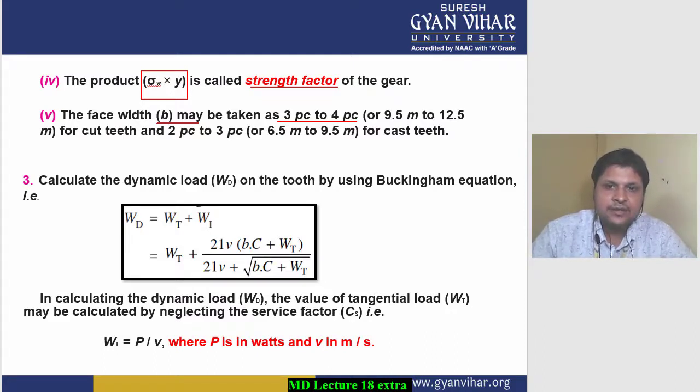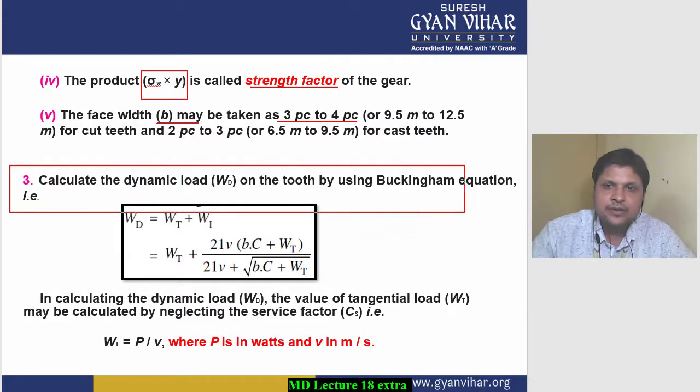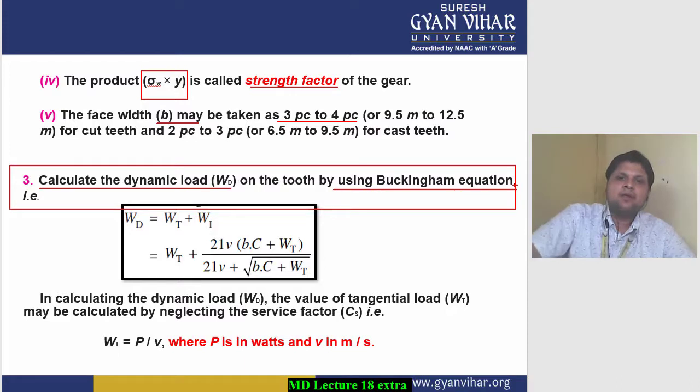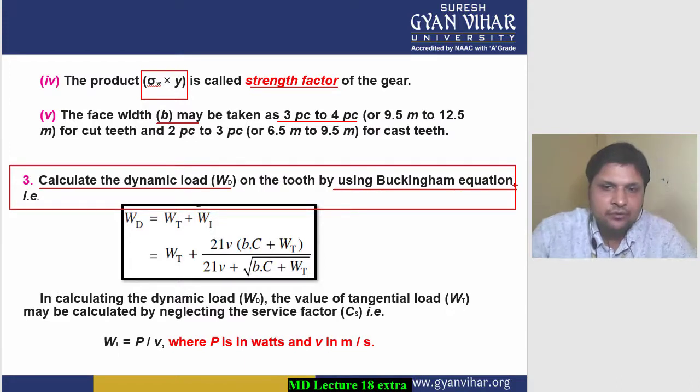For cast teeth it will be between 2 to 3 PC. All right. Coming to the third step. Third step is to calculate the value of dynamic load, and this is calculated by using the Buckingham equation.